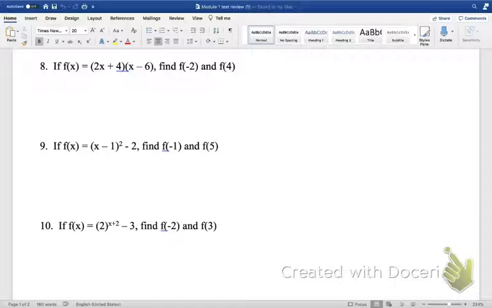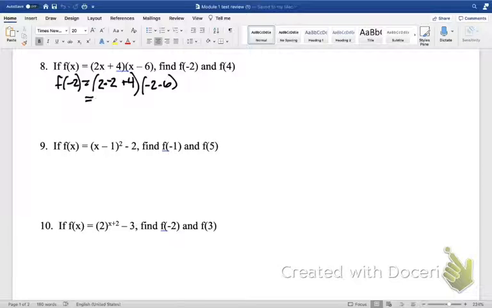For number 8, same process, a little bit different result, but we're going to take that negative 2 and plug it in everywhere we see an x in here and then solve. So f of negative 2 equals 2 times negative 2 plus 4 and negative 2 minus 6.